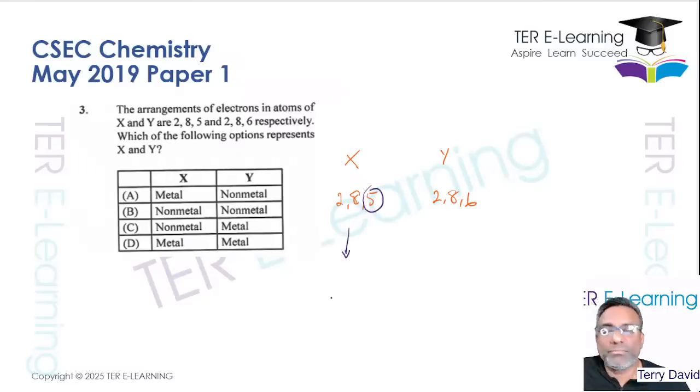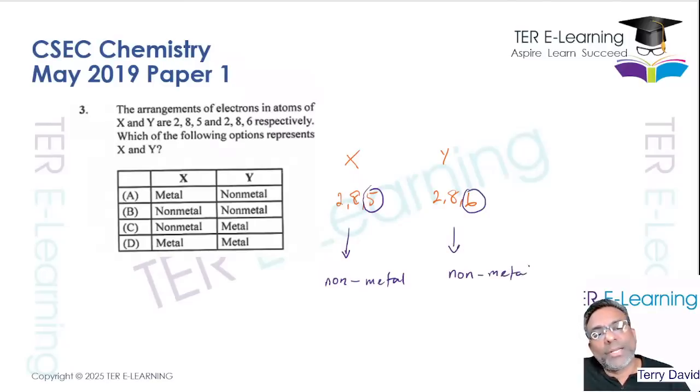And if you all remember the periodic table, group 5 elements are non-metals. So this has to be a non-metal. And this here belongs to group 6. So this is also a non-metal. So we're looking at the electronic configuration to figure out the group. So in this case here, both of them are expected to be non-metals. So yes, the answer is going to be B.